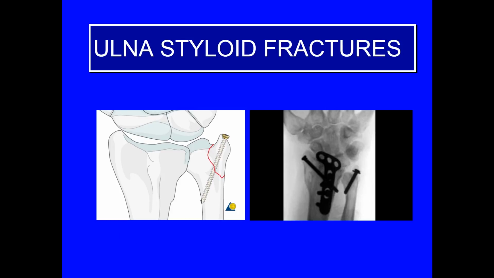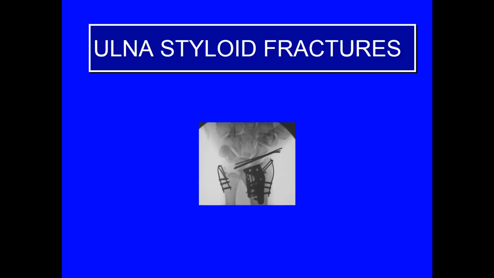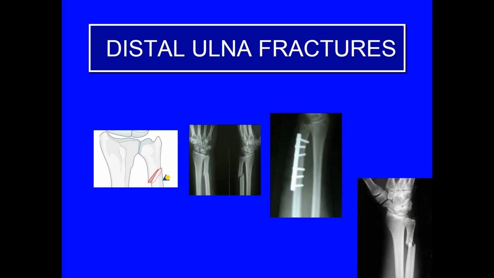Ulnar shaft fractures of the distal third of the ulna are treated as shaft fractures. And remember, the most important is the short oblique fracture, which is almost like a Galeazzi type of injury, except there's no fracture of the radius, but there must be an interosseous membrane ligament instability here, and this must be treated with a plate and screws.